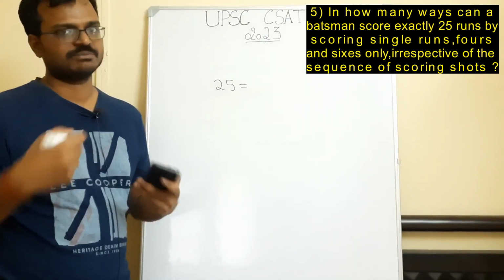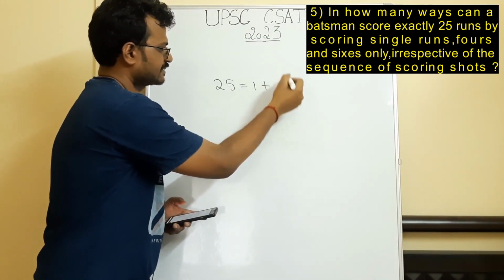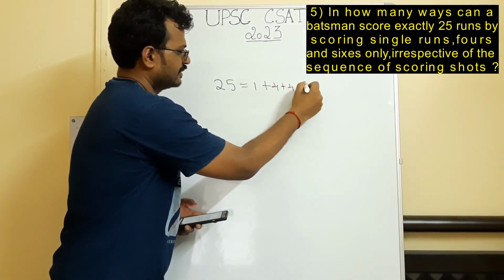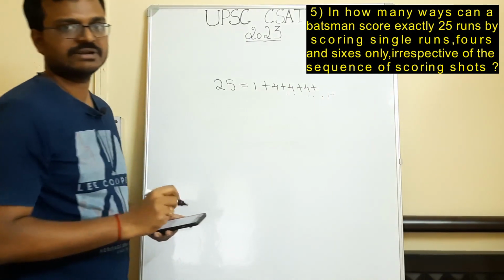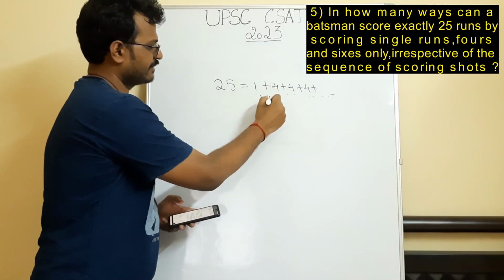these constituent numbers. So you can have something like, say, 1 plus 4 plus 4 plus 4, 6 times, because 4 when it comes 6 times it equals 24, so it will be like 1 plus 24.